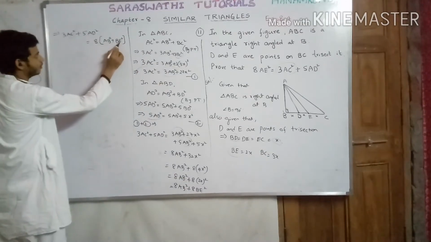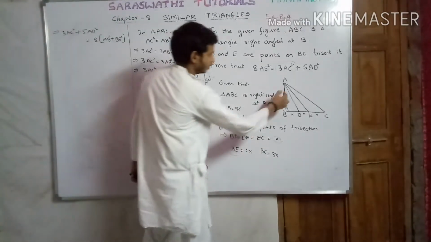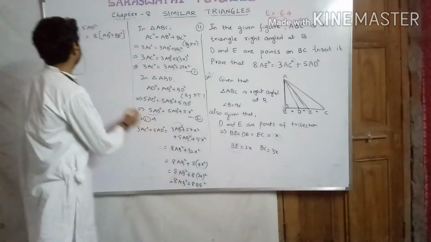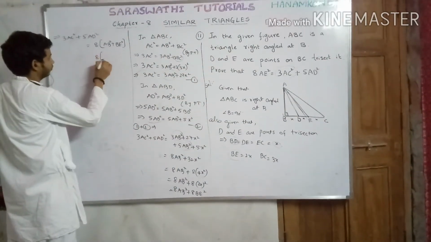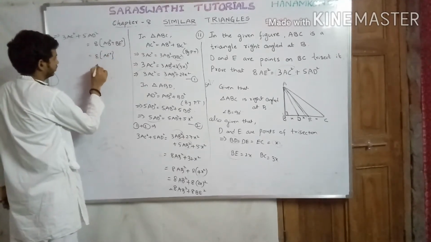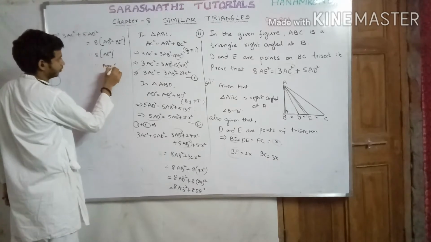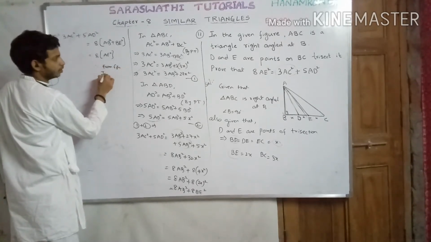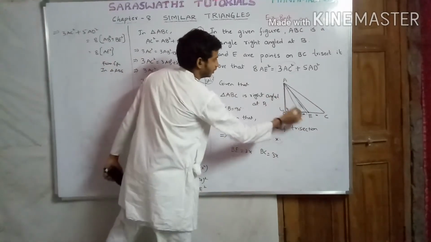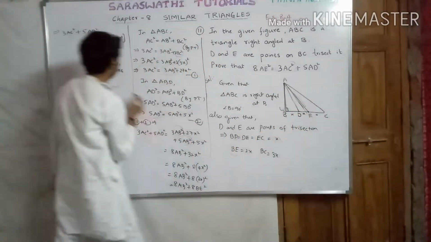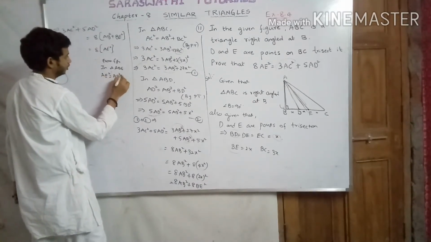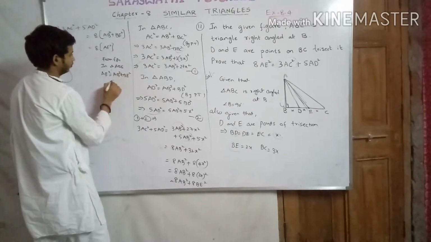Okay, so ab square plus b square, from the figure we can write it as a square. So it equals 8 into a square. Since from the figure, in triangle ABE, a square equals ab square plus b square by Pythagoras theorem.